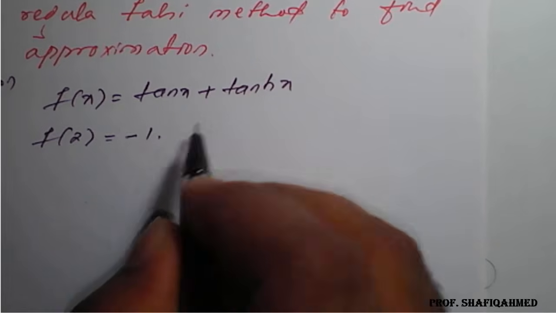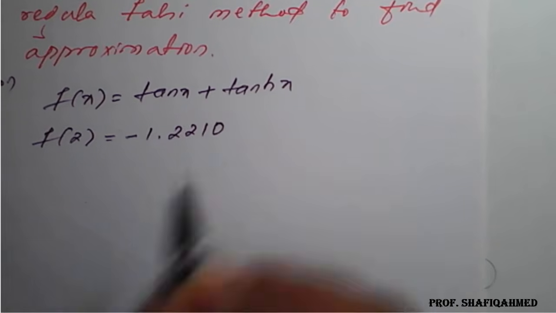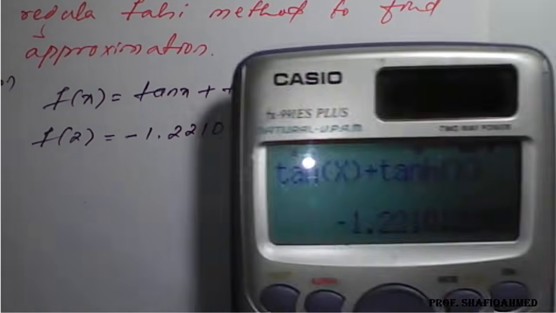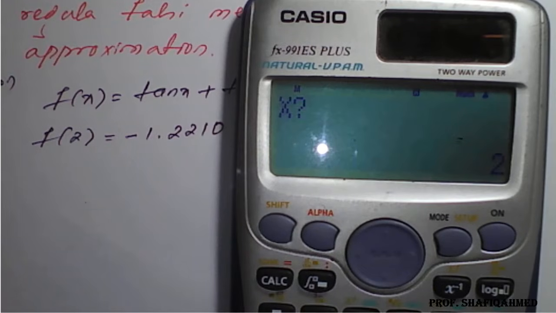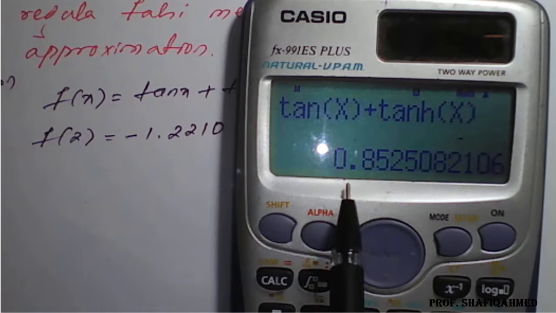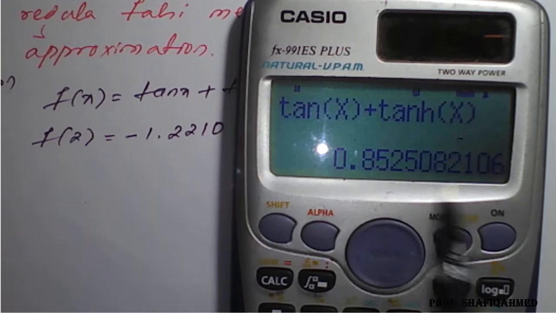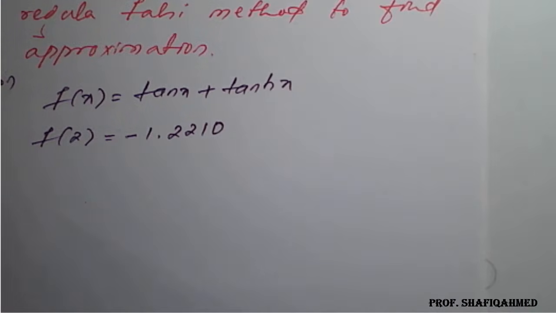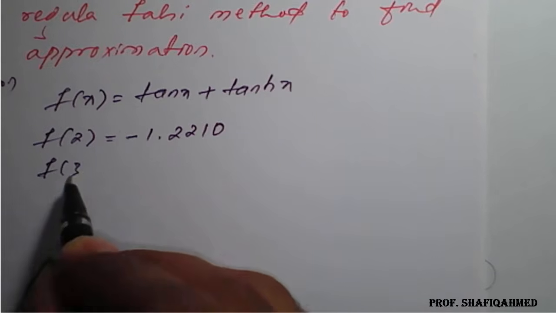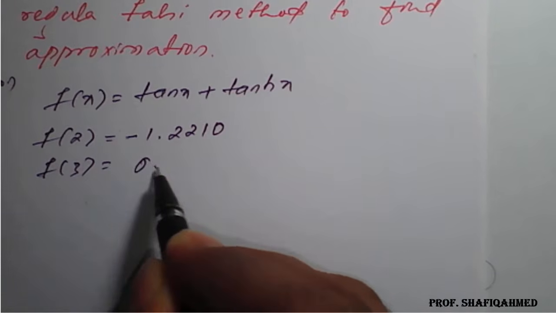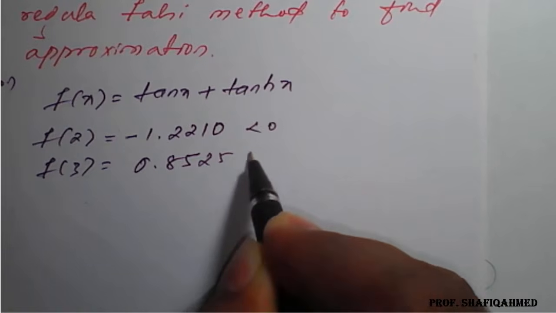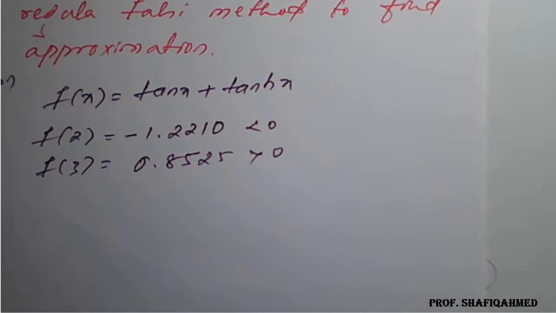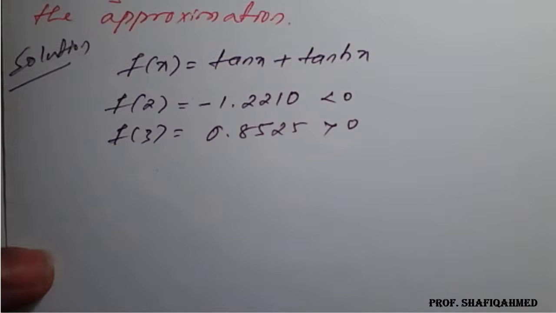Next, go for calc again and press 3, and we get 0.8525. So f of 3 is 0.8525. This is a negative value and this is a positive value, which is already given in the question.